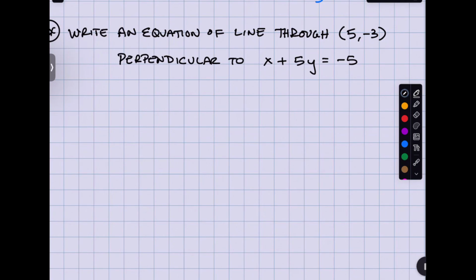True? Everybody? Okay. So, the first thing it says is write an equation of a line. I should pause right there. Because what did we just say is needed to write an equation of a line? We need a slope and a point. Awesome.